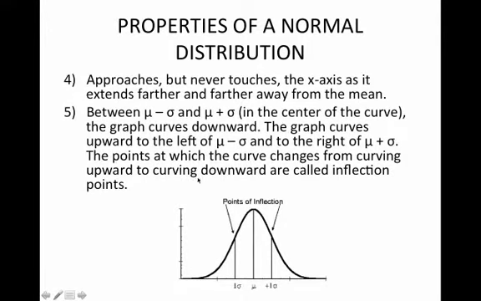So the last property of a normal distribution, there's some things that we need to know what they mean before I explain this property. One, this notation right here, mu, that is population mean. So you will often see this middle value right here represented as mu. That just means population mean. And then we all know sigma means standard deviation.